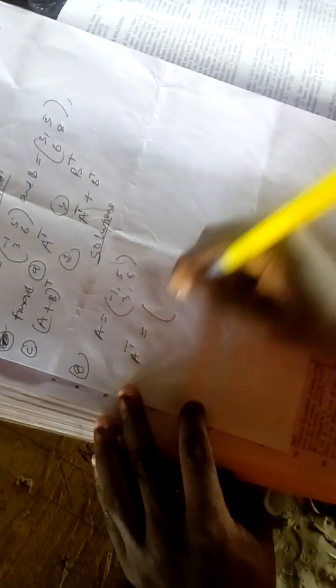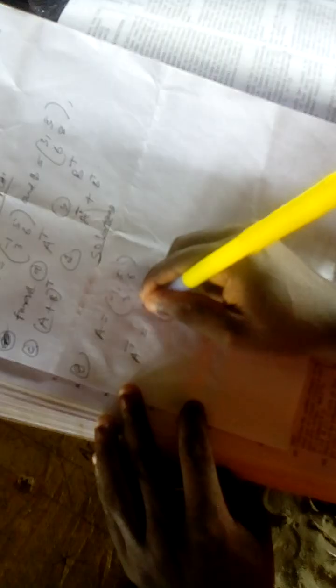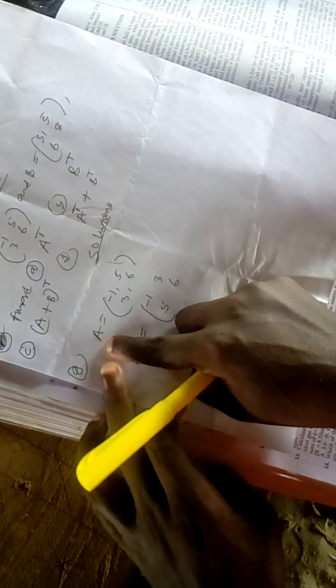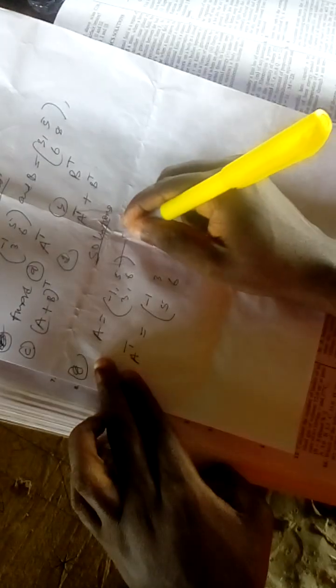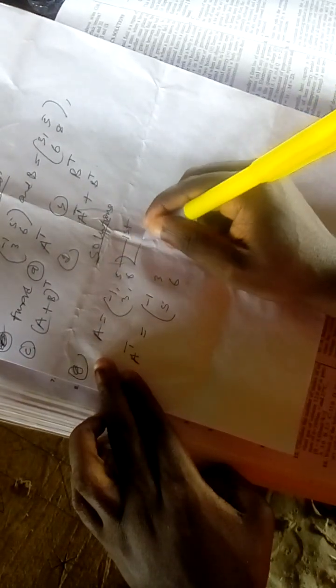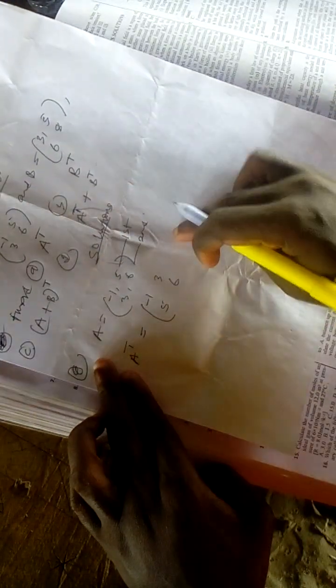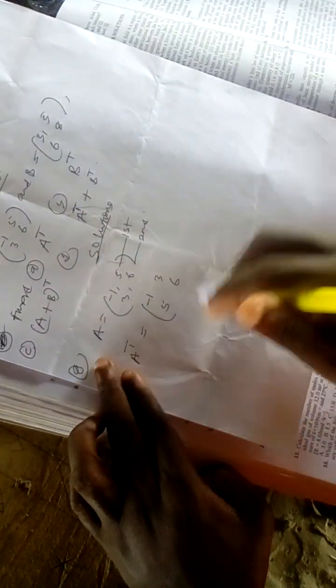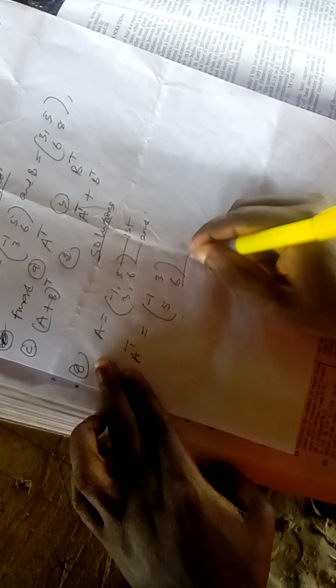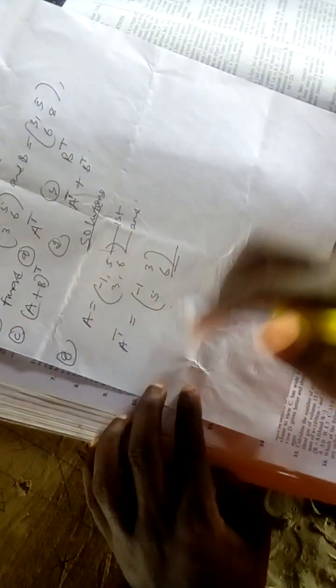If you look at this matrix A very well, the rows are minus 1, 5 and 3, 6. These rows will now become columns, which is minus 1, 3 and 5, 6. So this is the transpose of matrix A.